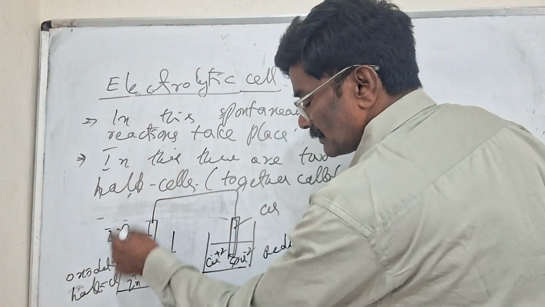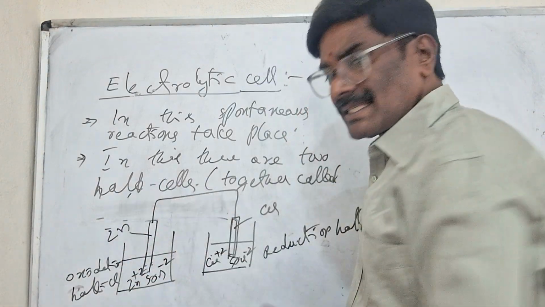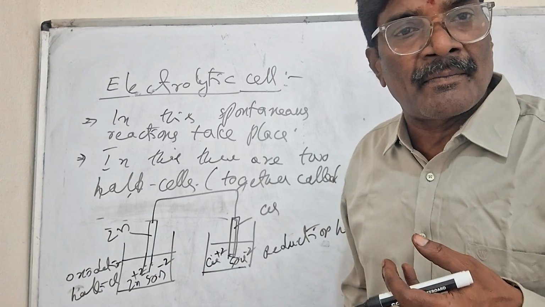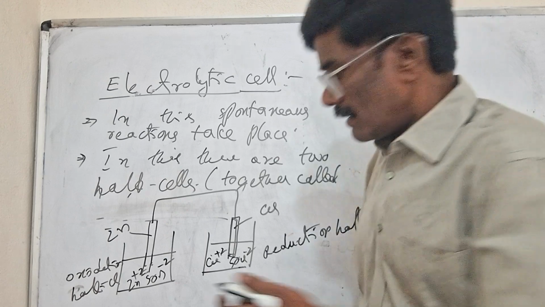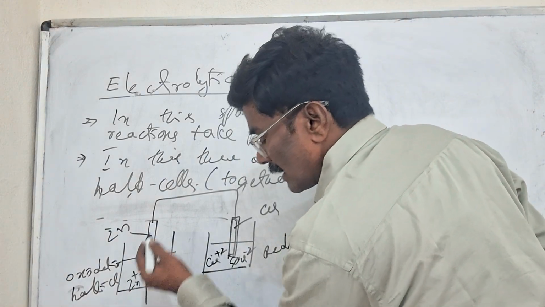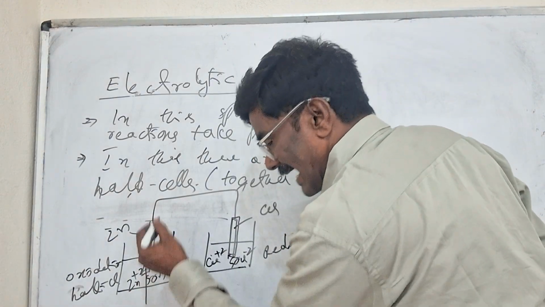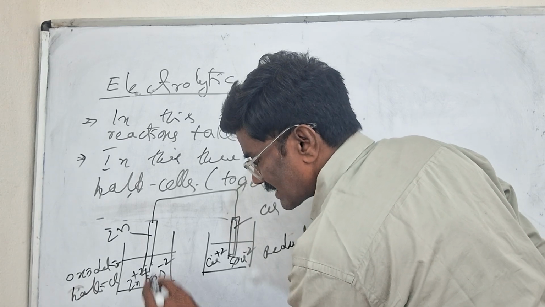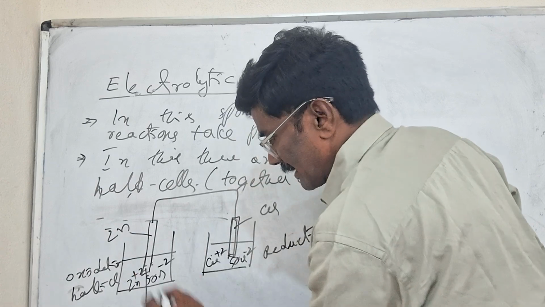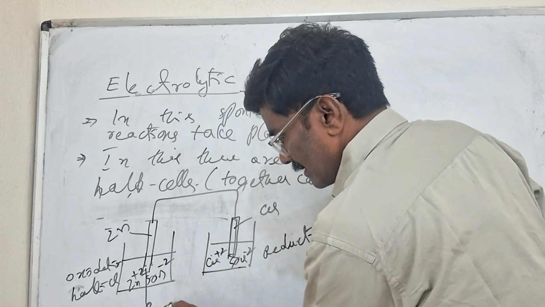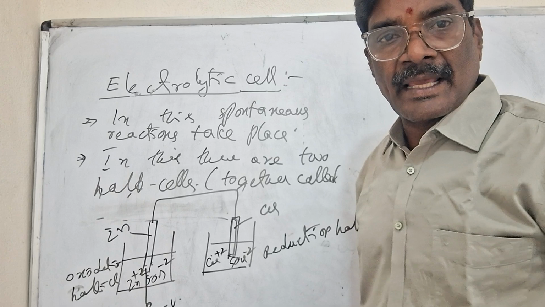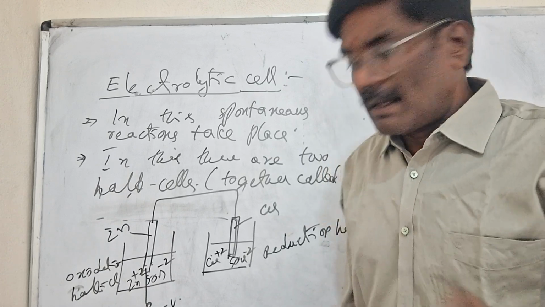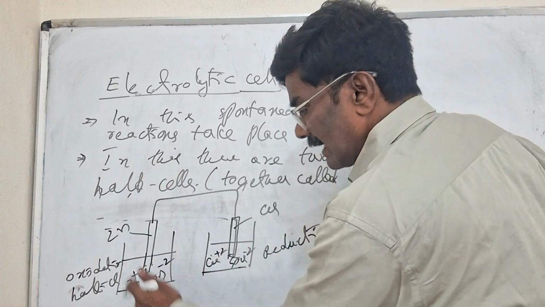This is the anode. Every student should understand that zinc is more reactive than copper. Its E naught value is always less, actually a negative value. No need to worry about the numerical value, but the left side always has the lesser E naught value.